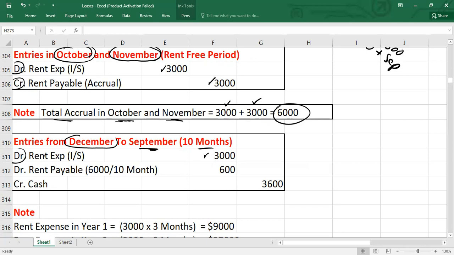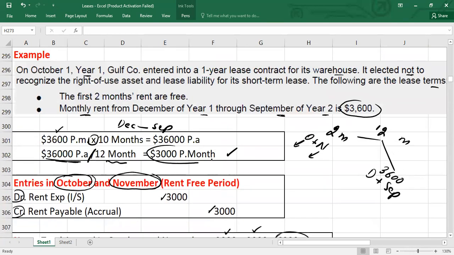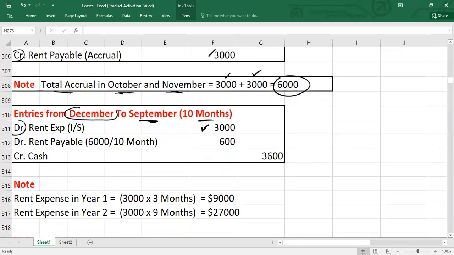You will debit the rent expense with 3,000 because we have calculated the monthly rent here, 3,000 per month. And you will credit the cash because you are actually paying cash of 3,600.